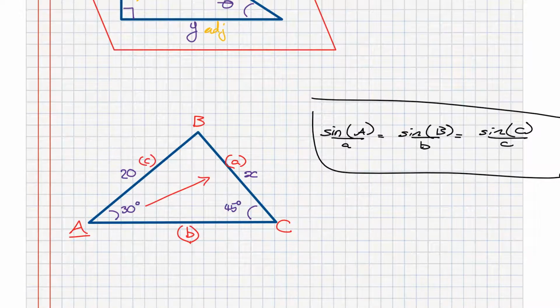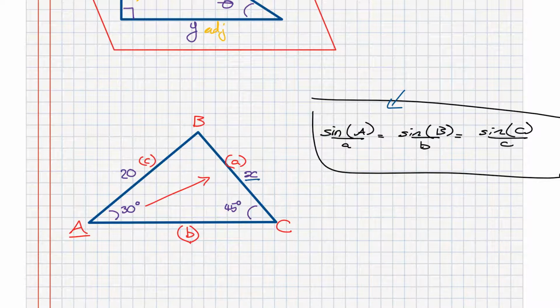So now that we've named our triangle, we can use this sine rule to find unknown angles and unknown sides within a triangle. In this case, we're going to use the sine rule to find the unknown value x.